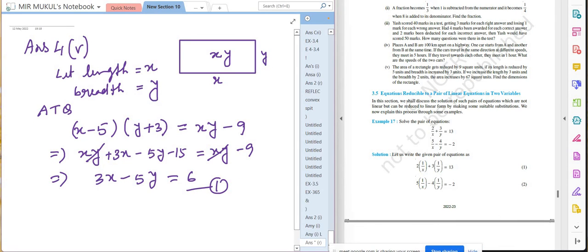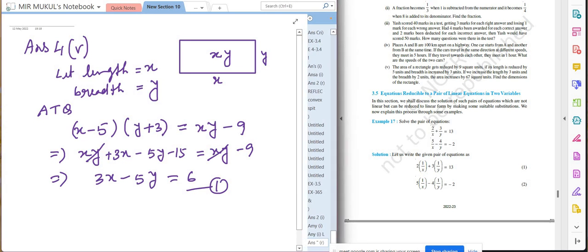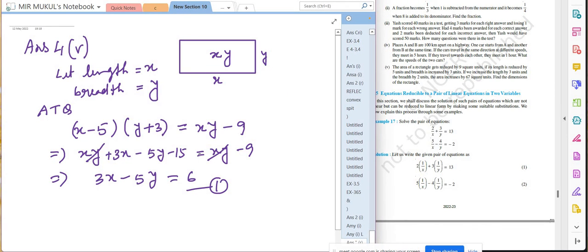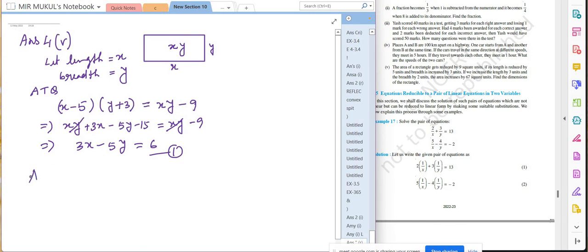Understood? Now, what is the second condition? If we increase the length by 3 units and breadth by 2 units, the area increases by 67.